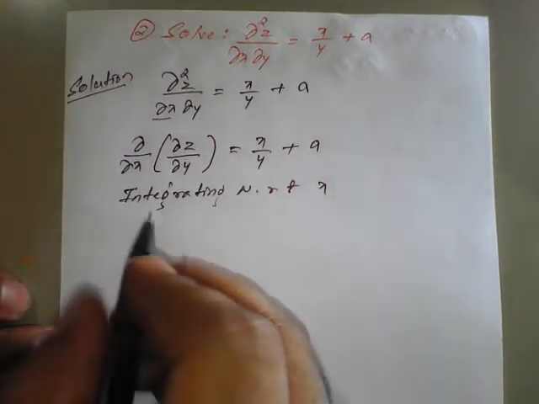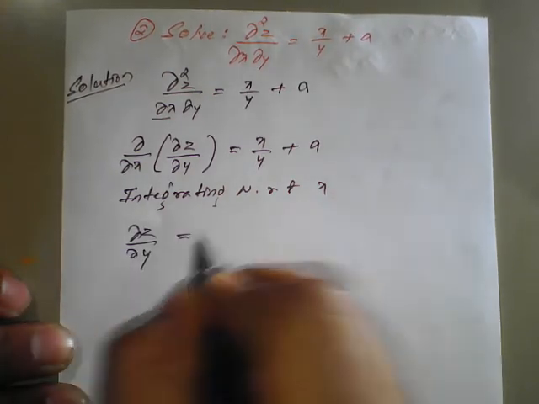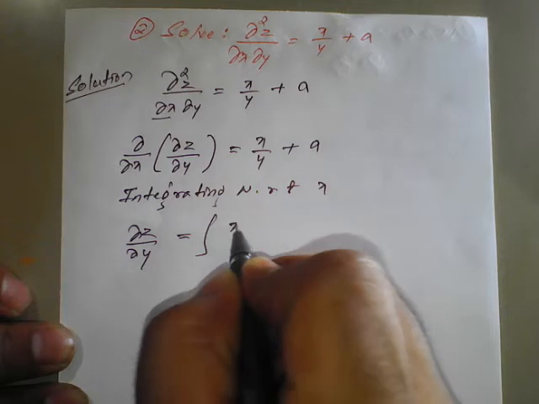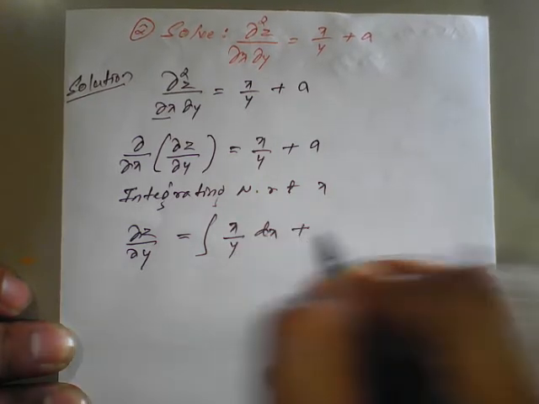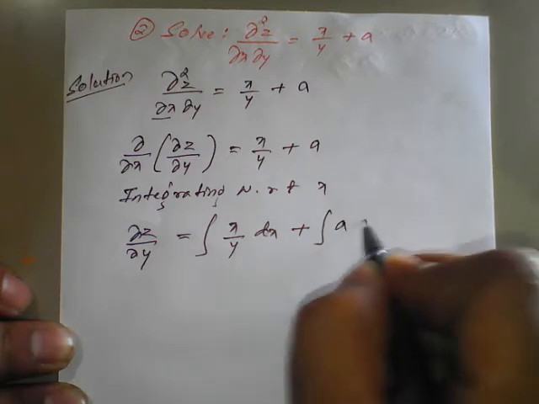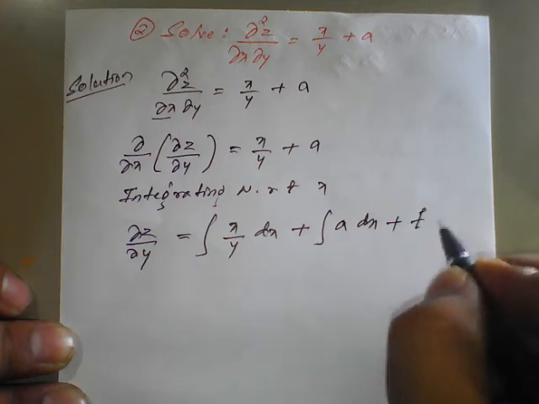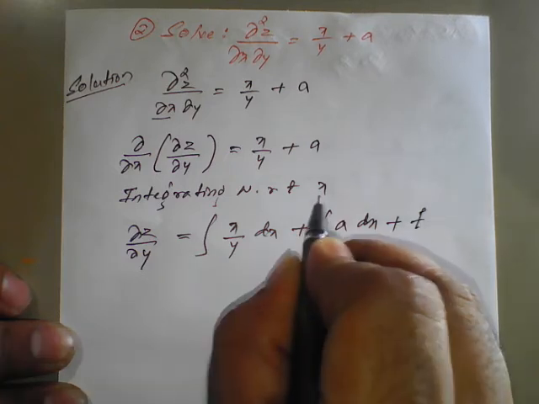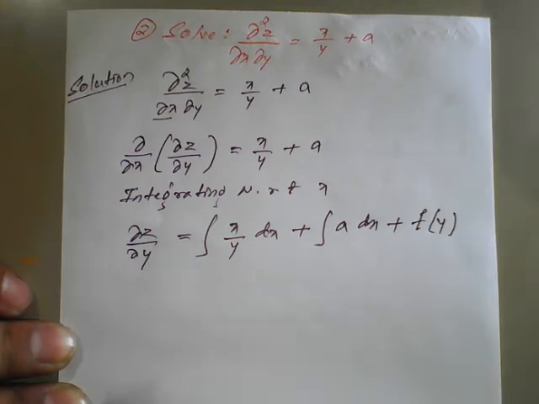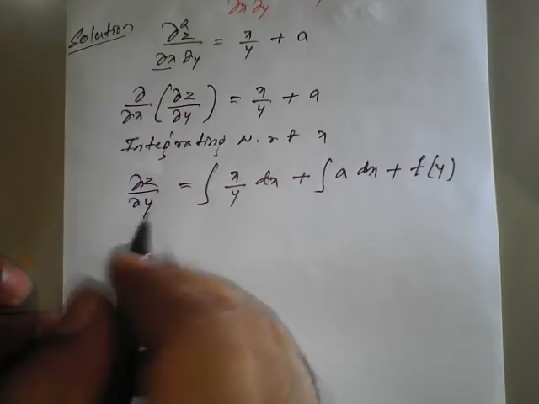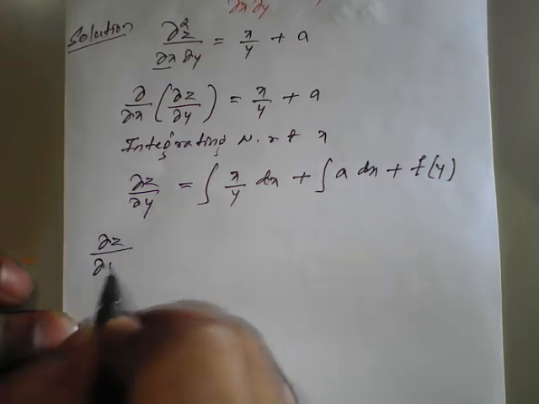Which is nothing but dou z upon dou y is equal to integration of x upon y with respect to x, that is dx, plus integration of a into dx, plus we need to add an integrating constant, as we are integrating with respect to x, we have to write f of y. Now on simplification, dou z by dou y as it is.